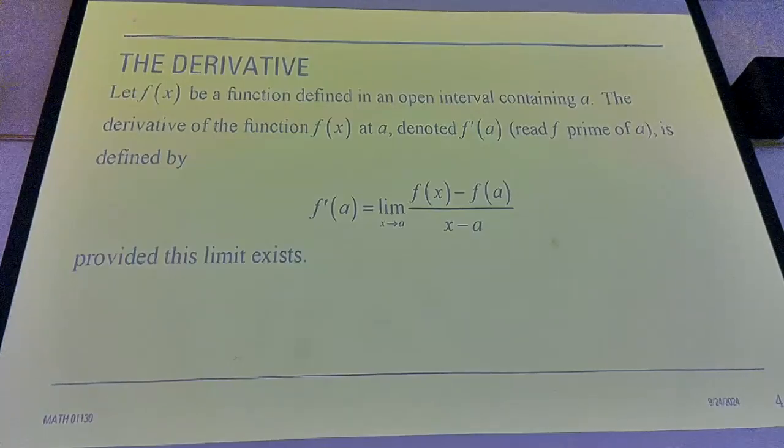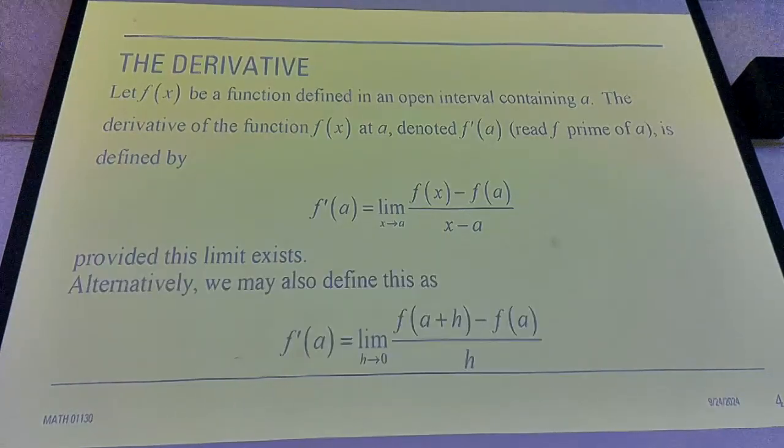So we would denote the derivative in a couple of ways. The first and most common way, I believe this is Newton's way, is the prime notation. So the f prime of a, and it's just the limit as x approaches a of f of x minus f of a all over x minus a.